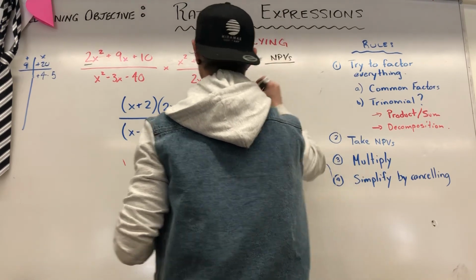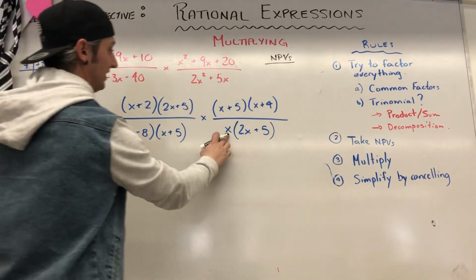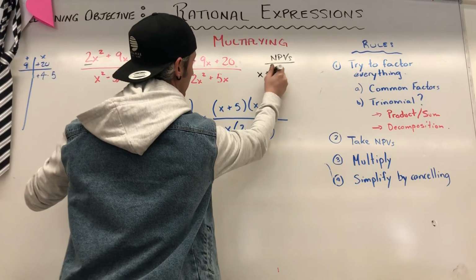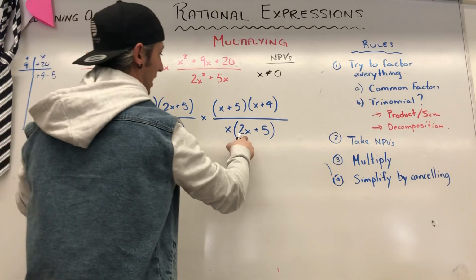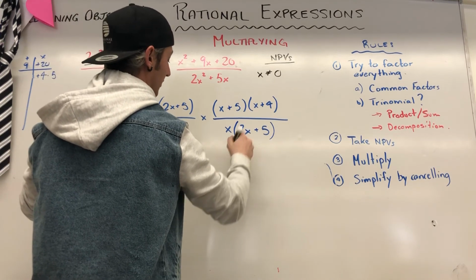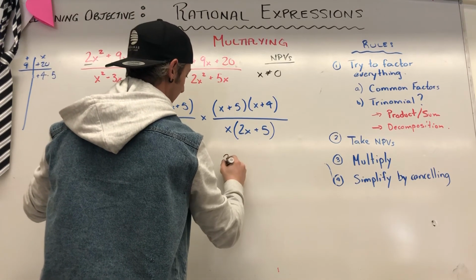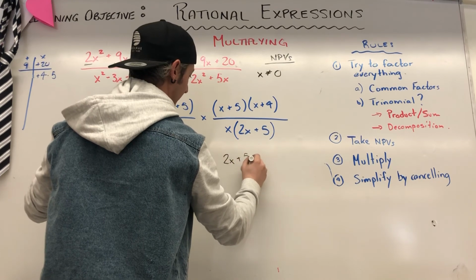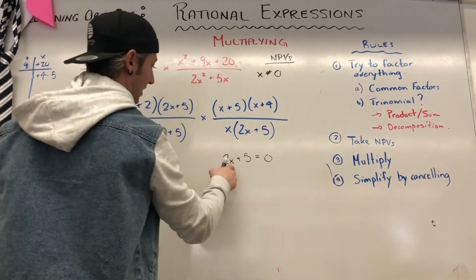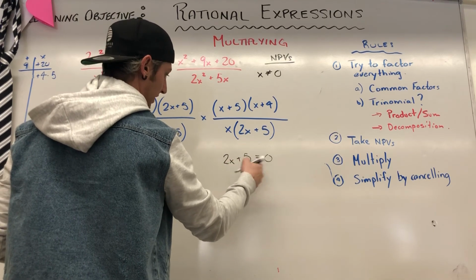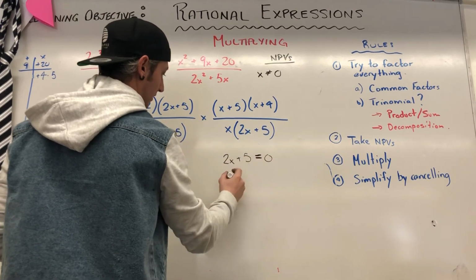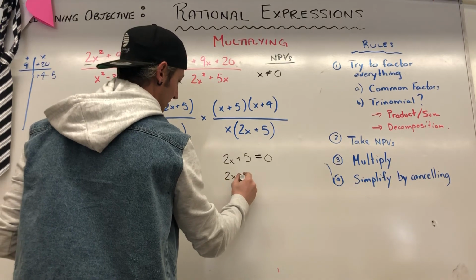My NPVs are on the denominator. So x cannot equal 0, because if x is 0, that's going to be 0. To figure this one out, I'm going to make 2x plus 5 equal to 0. And I'm going to solve to figure out what value for x will make this statement true. So 2x plus 5, 2x is equal to negative 5.